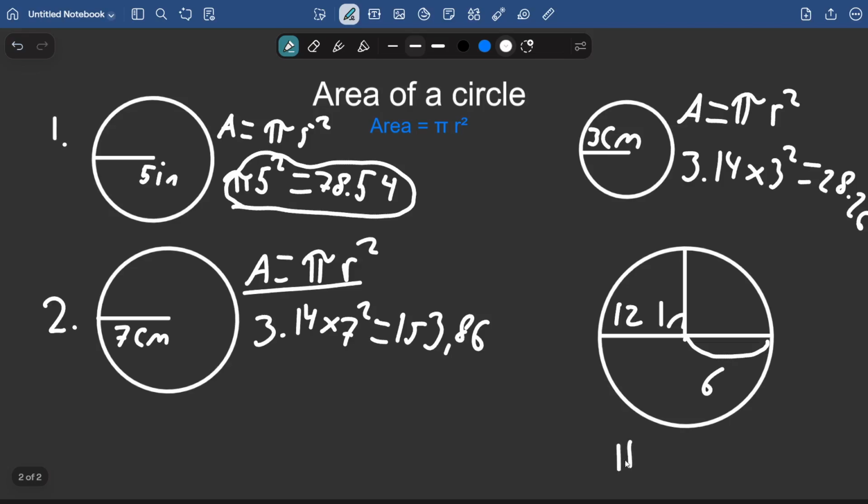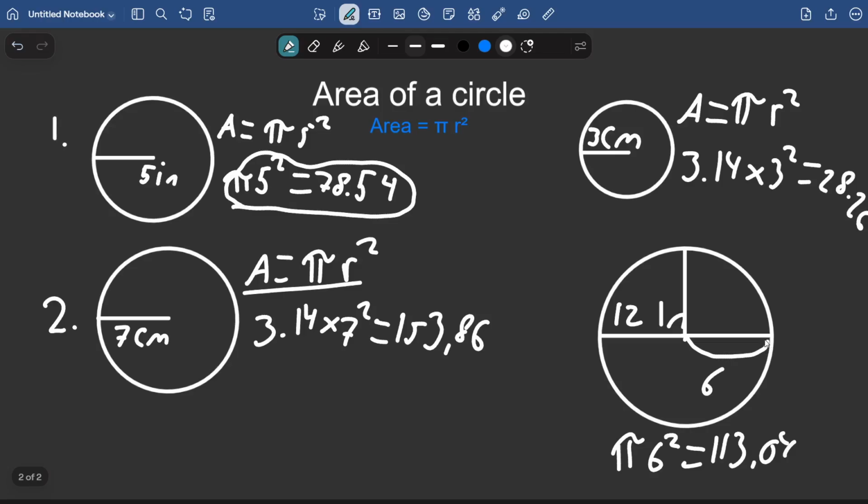So we get pi, I'm sorry, 6 squared equals 113.04. So this is how you get the area of a circle.